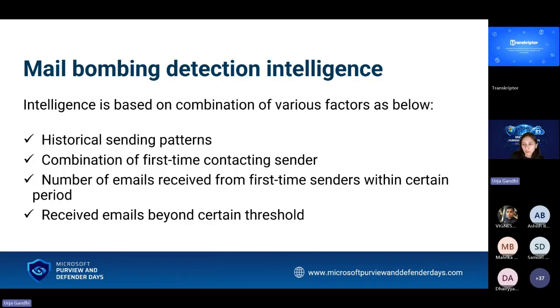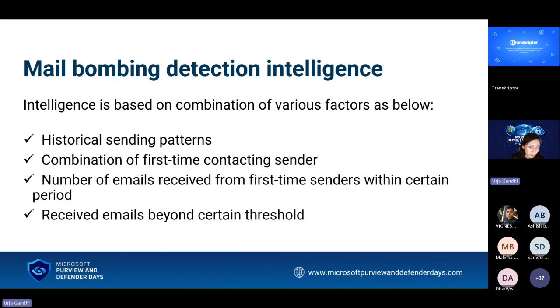It's a combination of various factors, and I want to give you a sense of what that combination looks like, but this is by no means the only factor taken into consideration in order to detect that something is actually a mail bomb. A couple of them are the sending patterns of the particular sender, and specifically historical sending patterns. In the history, what has the sending pattern of this sender been?